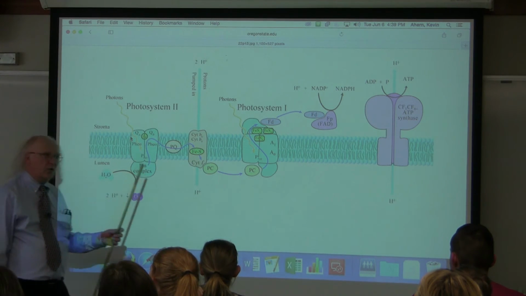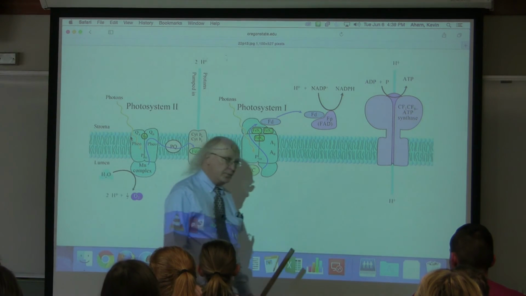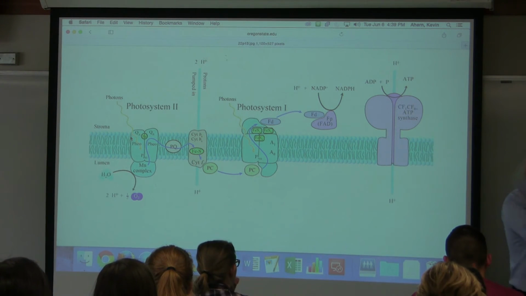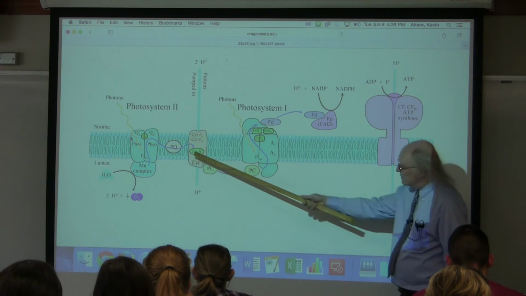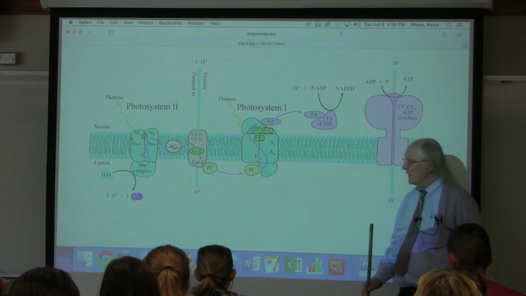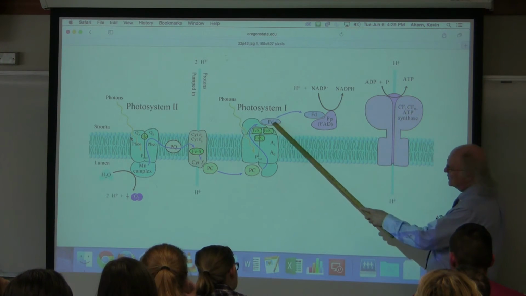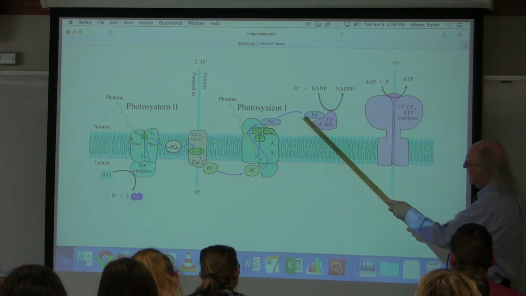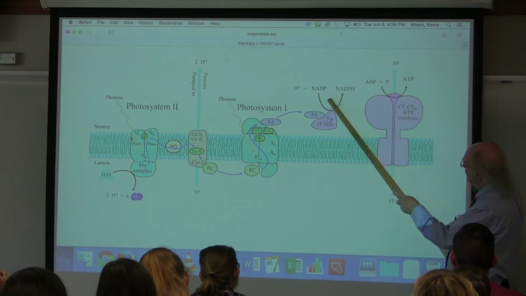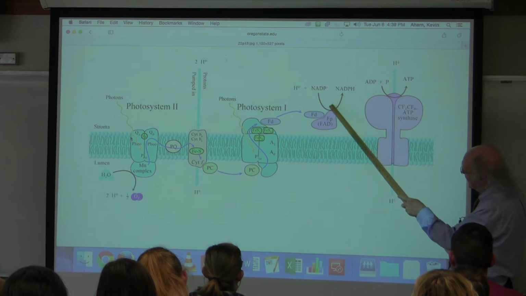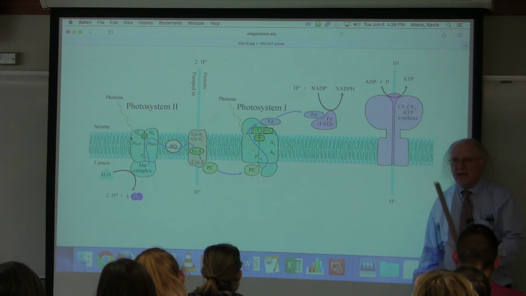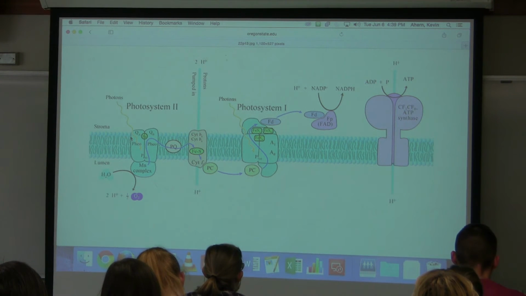But plastoquinone and plastocyanin are kind of like the coenzyme Q that we talked about in the electron transport system, small and able to move, and it's moving between bigger complexes that don't move so well. Okay? Ultimately, there's our ferredoxin that's getting those electrons, and attached to here, the ferredoxin, is the NADP reductase that's adding the protons and electrons to make NADPH.